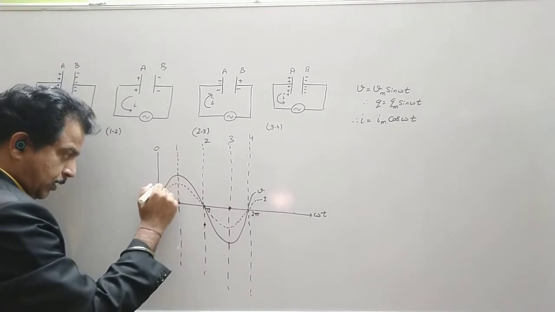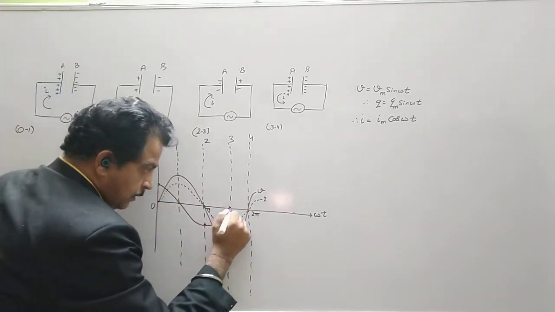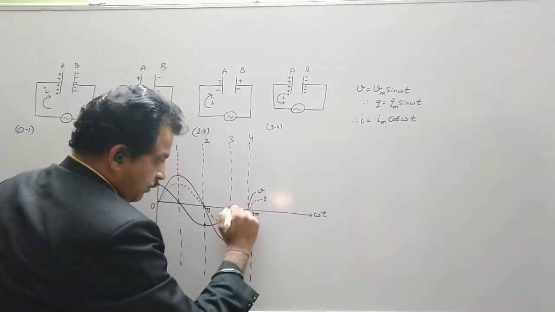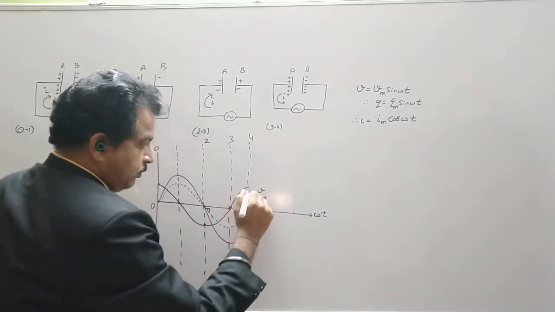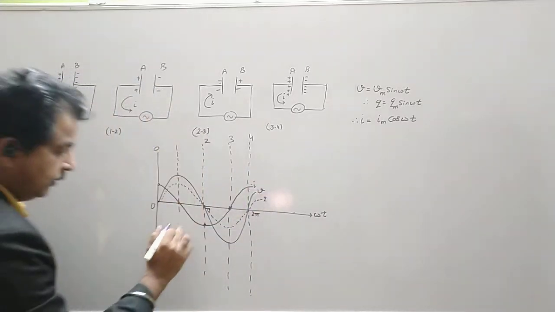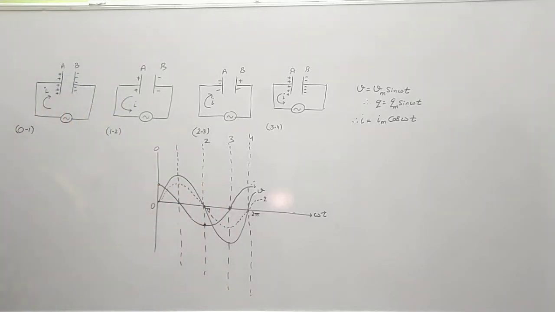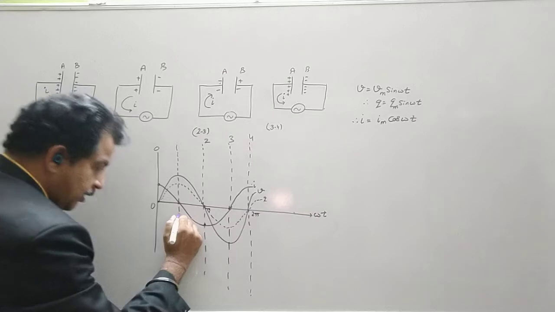So this will be the cosine graph. Now this becomes minimum, so it becomes maximum. So this is the I graph. This is the pictorial representation of V, I and Q.